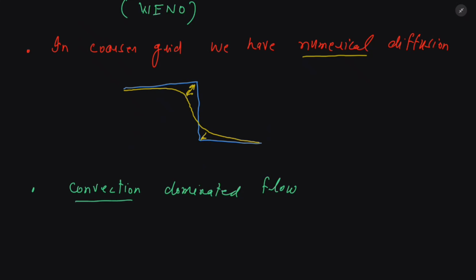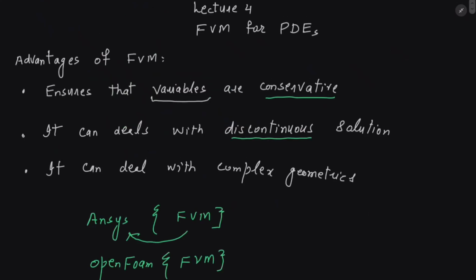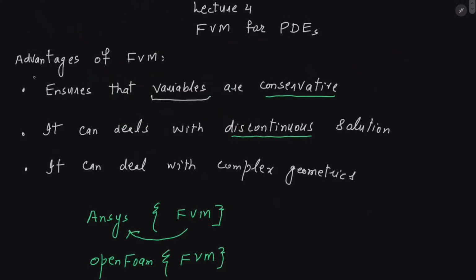But these are the disadvantages, and the advantages are more dominant than the disadvantages of finite volume method. Remember that every numerical method has advantages and disadvantages. It's up to you to decide which numerical method you can choose for your research, for solving partial differential equations or ordinary differential equations.